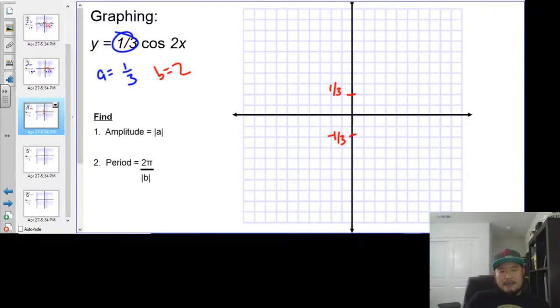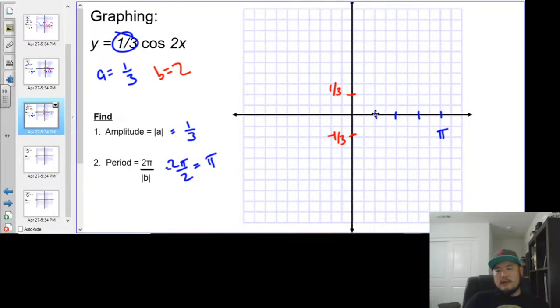And let's go to our period. So our amplitude right here is going to be 1/3. Our period, we take 2 pi over 2, and it's pi once again. So we have our intervals for our x, and we have right here, remember, if our period is going to be pi, then from 0 to pi, there you have it.